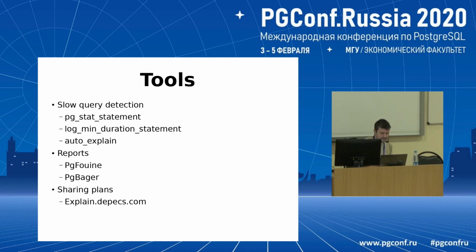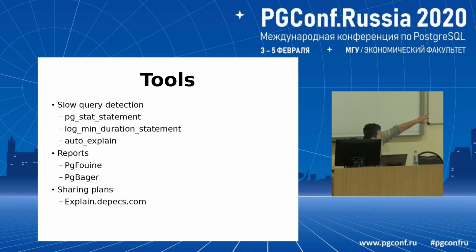When you install the extension pg_stat_statements, then Postgres will update the table pg_stat_statements, and you can see there how many times what query was executed, what is the median time, what is the average time of execution. So it is very easy to use. log_min_duration_statement, I will say about it.